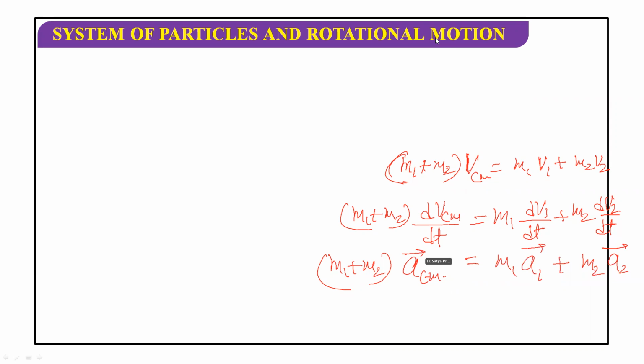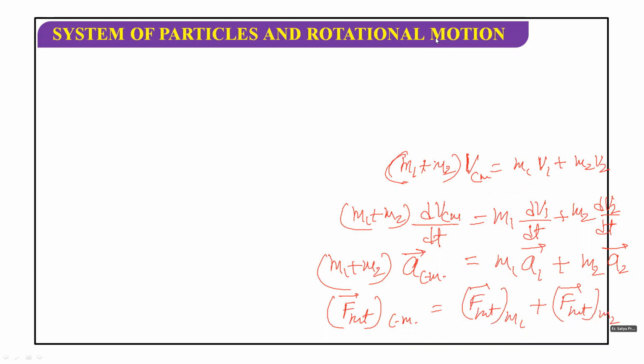Right? It's a vector quantity, so I'm putting a vector here. Now tell me, what is M1 plus M2 into ACM? Can we say it is the net external force, mass into acceleration? So what we can say? F net on the center of mass is equal to F net on M1 plus F net on M2. Right? So now we have a third or fourth way to define center of mass.